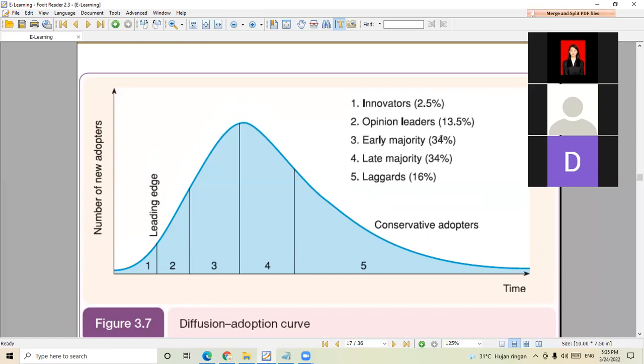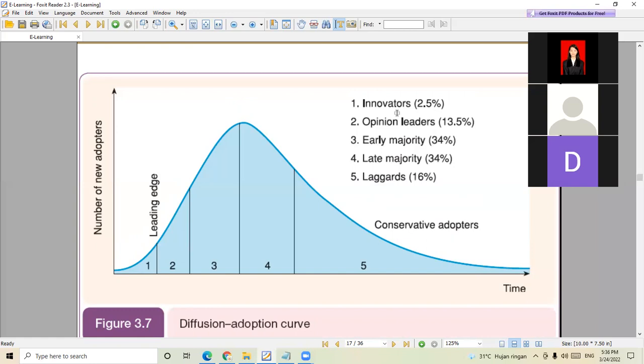And the largest percentages are from these two parts, the early majority and late majority, because this is the safest stage to adopt technology.